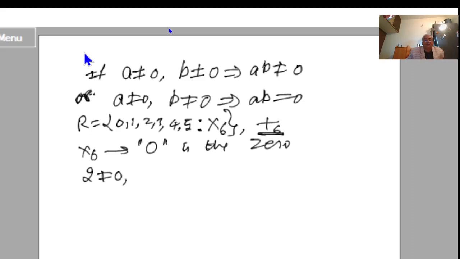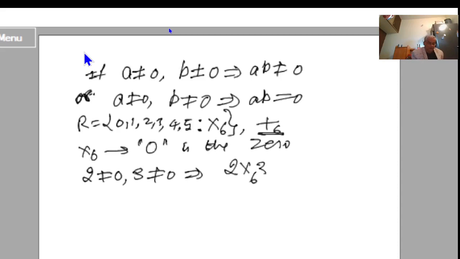Now here 2 is not equal to 0, and 3 is also not equal to 0. But what about this one?